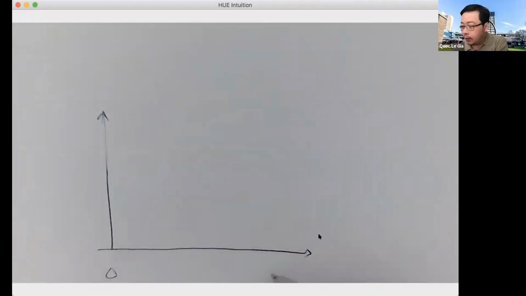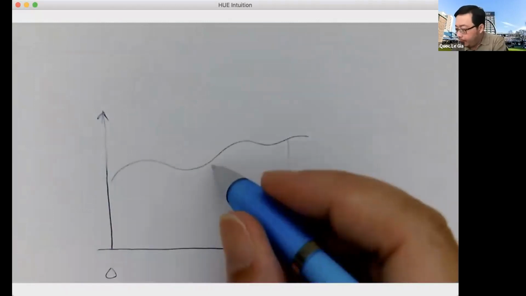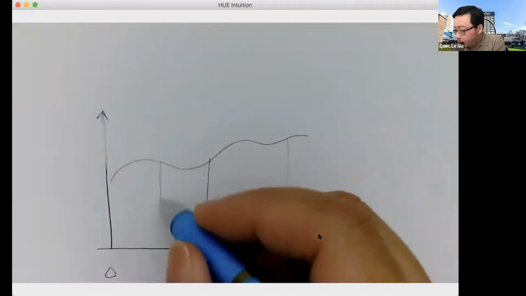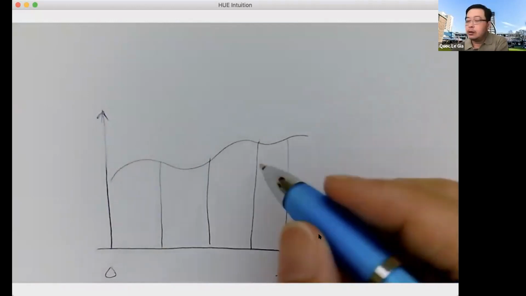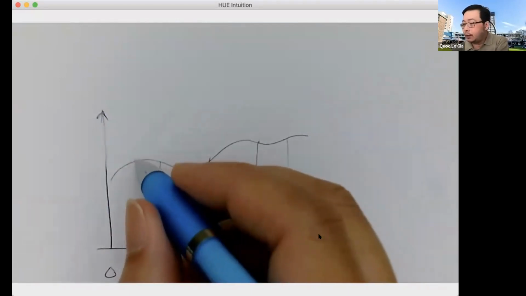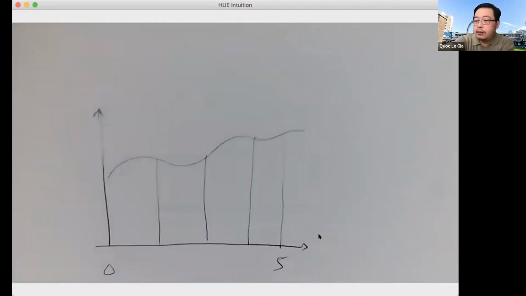The function maybe looks like this. The midpoint rule says, suppose I divide it into only 4 subintervals. I take the midpoint and I draw the rectangles.